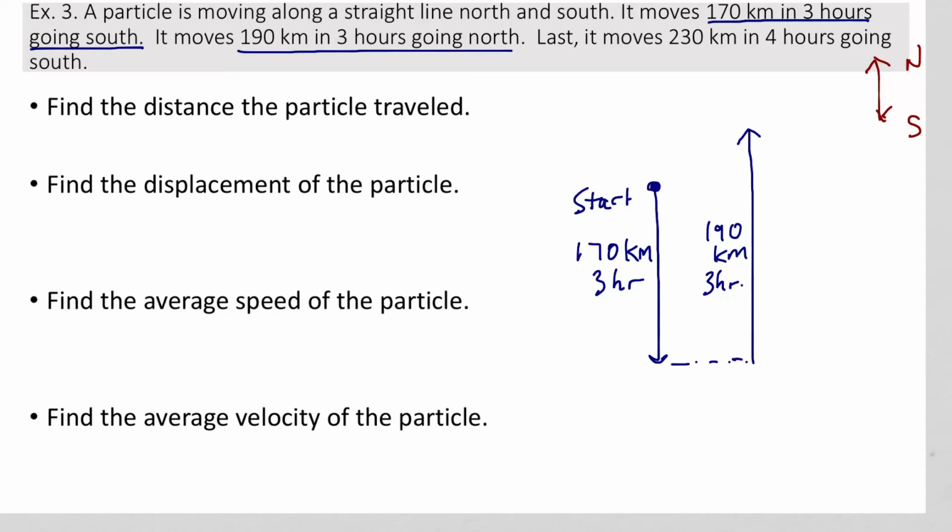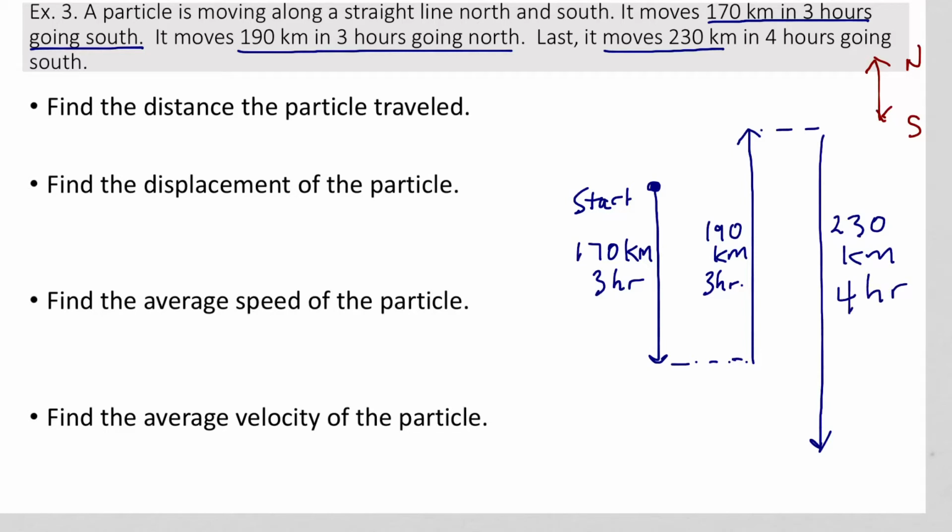And last, he moves 230 kilometers in 4 hours going south. So he's going to turn around and go past that point, because this piece here is 230 kilometers over the span of 4 hours. So finally, he ends up here.